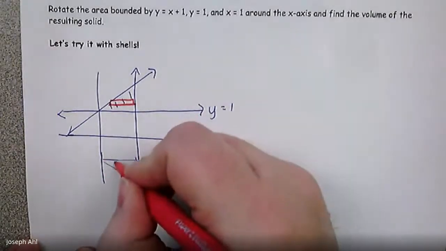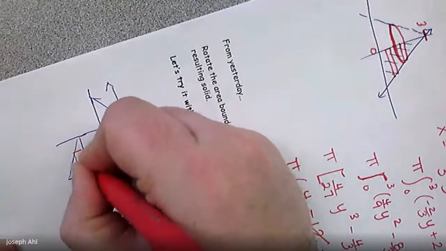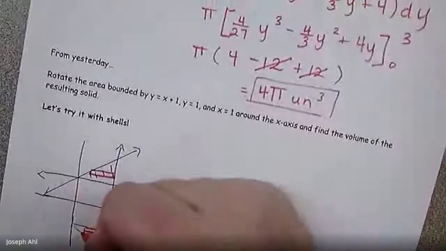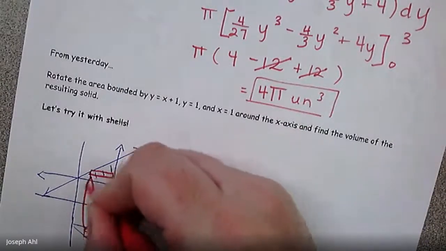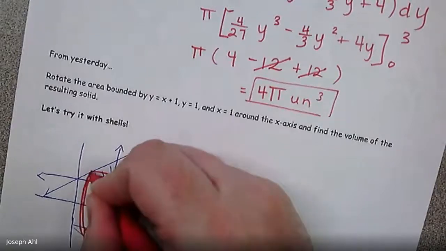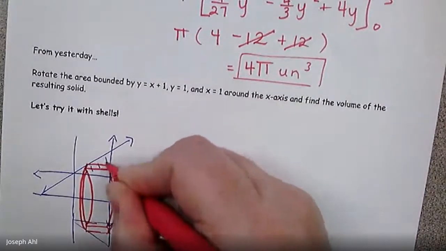So when I draw on that shell here, let me draw kind of the matching rectangle over here. Okay. We need to determine what the radius and the height of the shell are. Okay. So here's my shell that we're looking at.